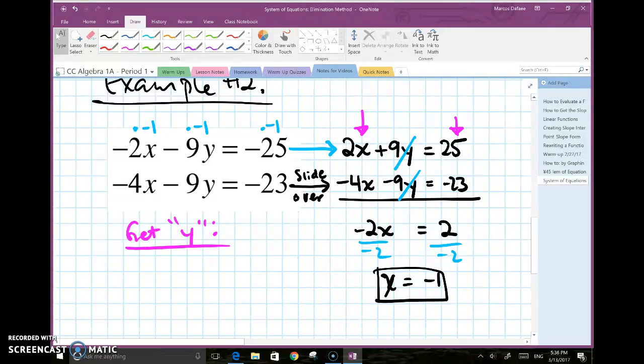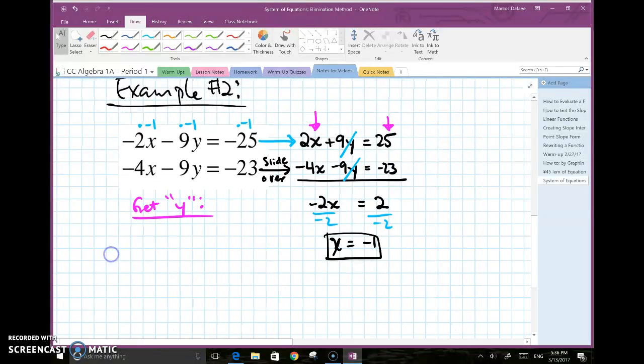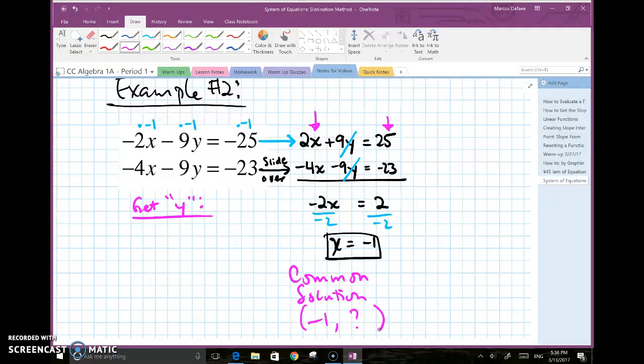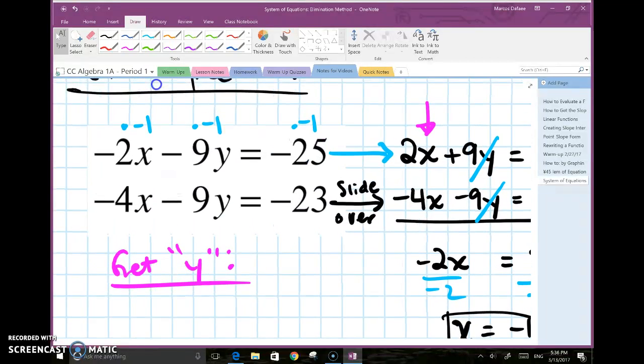So we have half of it already. In fact, I'm going to go ahead and start putting our common solution here. So our common solution thus far is -1, comma, I don't know. And it's that question mark, my y number, which I'm trying to now figure out. So I'll take the -1, and they're both about the same, so I think I'll go with the first one.